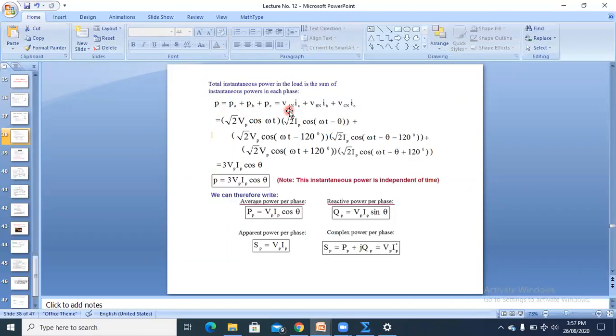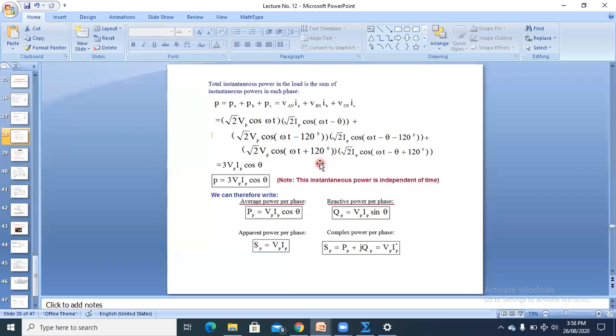So that is the phase voltage into the phase current, and similarly we multiply the phase voltage and the phase current for all the corresponding phases. Now we multiply the value of the reference phase and, in a positive sequence, we have the B and C phase.